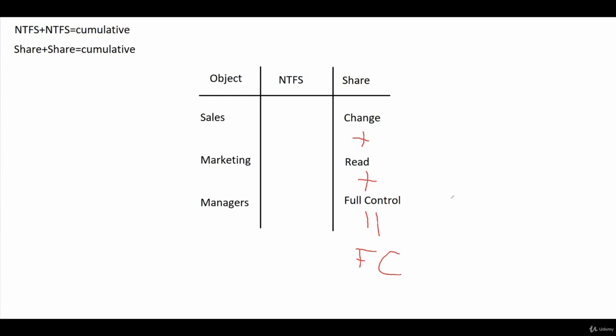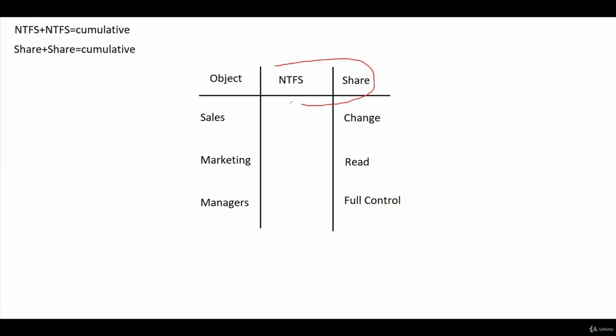It gets everything. So if you had a user who is a member of all three of these groups, that would be their effective permission. If you had a user that was just a member of these two groups, then this would have been the effective permission. If you had a user who was a member of sales and manager, same thing, you'd still get full control.